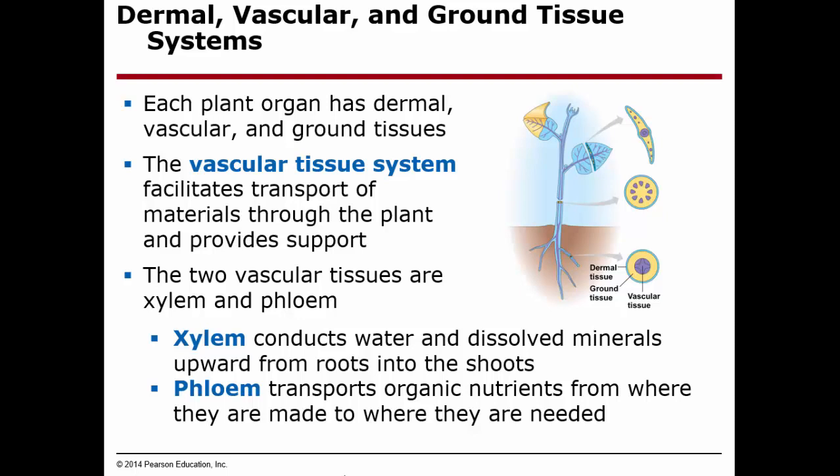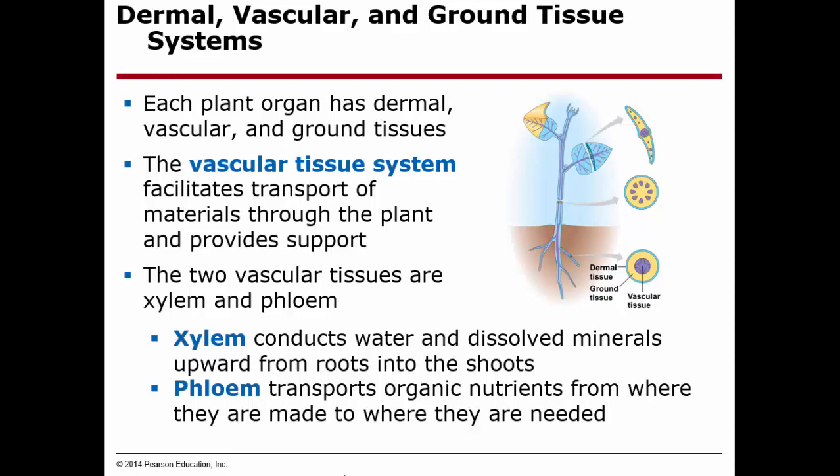These tissue systems consist of one or more different tissue types that run throughout the plant and pass through different plant organs. The three primary tissue systems found in vascular plants are the vascular tissue system, the dermal tissue system, and the ground tissue system.